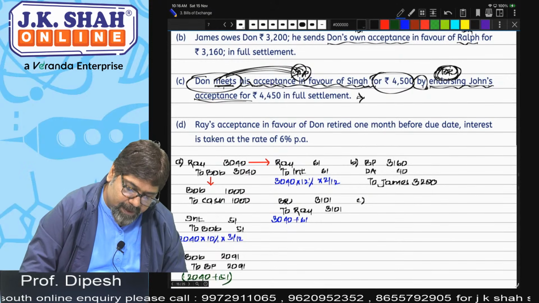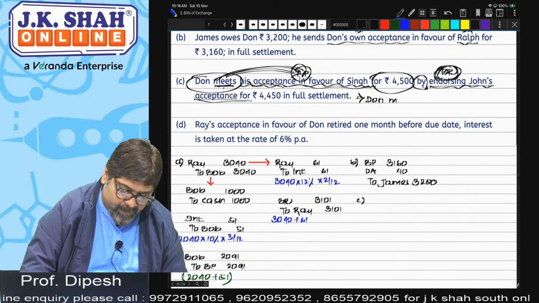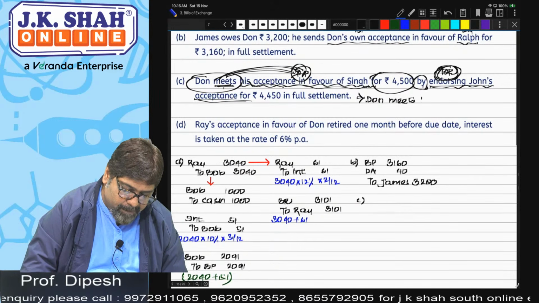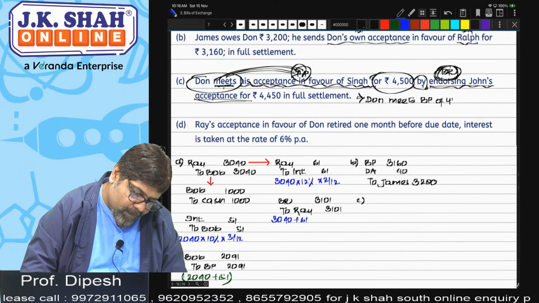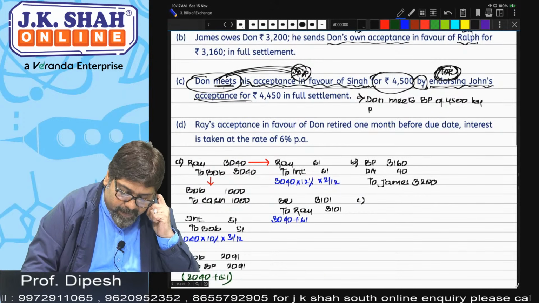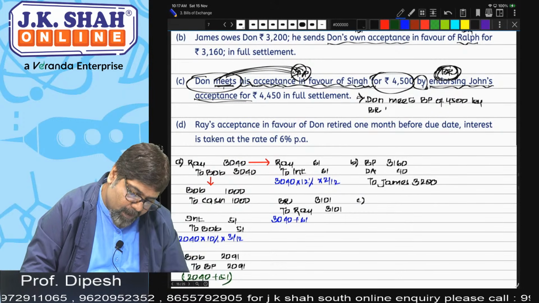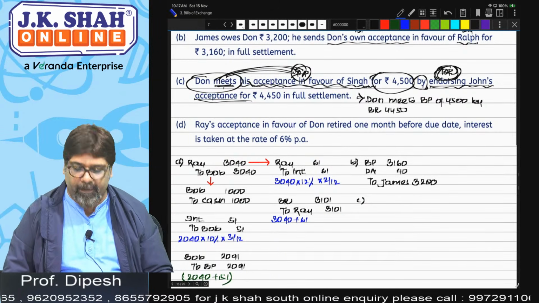What will be the entry? Don meets bills payable of 4,500 by bills receivable of 4,450. Correct? What will be the journal entry?